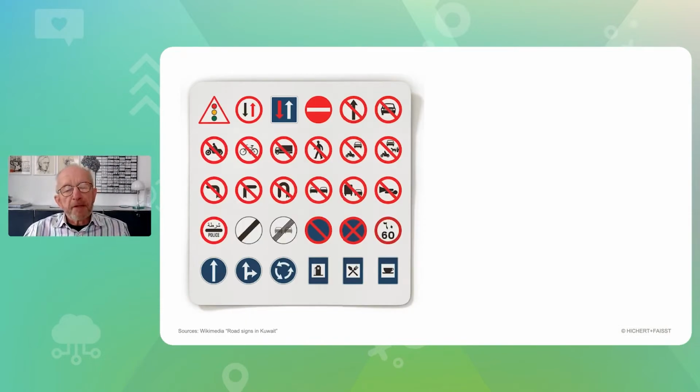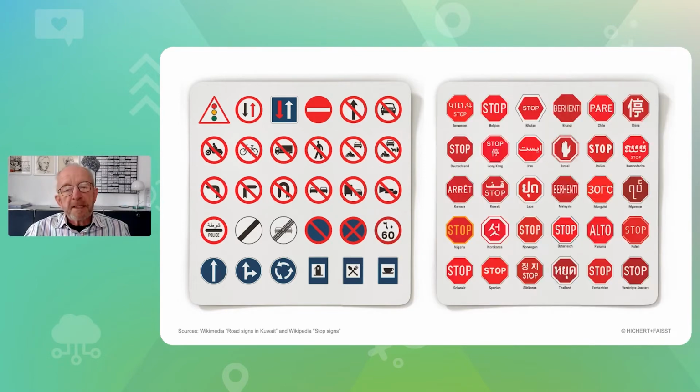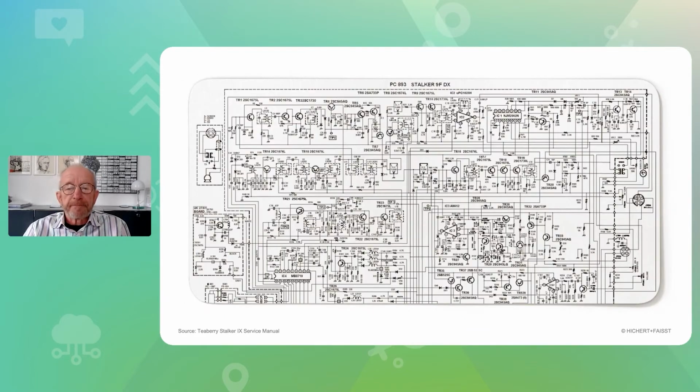Looking at traffic signs, this looks quite familiar for us, but it is Kuwait. And the stop signs you see here in 30 different countries, they look different, but they mean here you have to stop. And it's very practical that your gas pedal is on the right hand side and the brake on the left hand side in every car today.